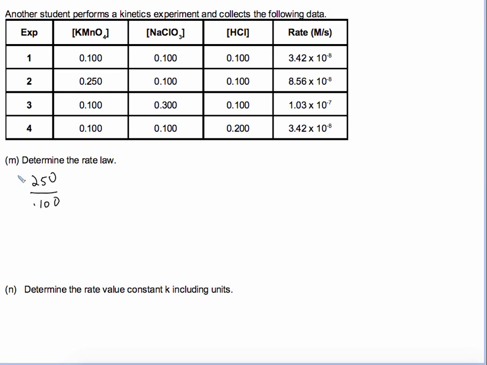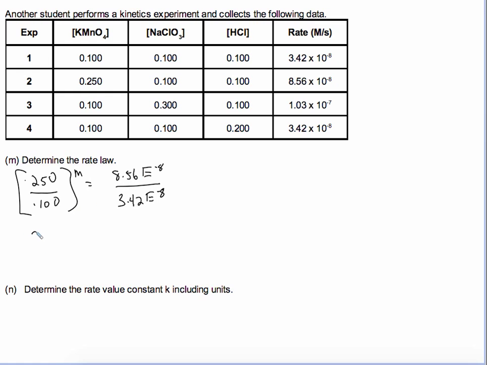I always take the big number divided by the small number to some power, let's just call it m, is going to equal the rate 8.56 e to the minus 8 over the rate when it's 0.1 molar, 3.42 e to the minus 8. So you can see, hey, changing the molarity did make the rate change, so we know it's not 0 order.